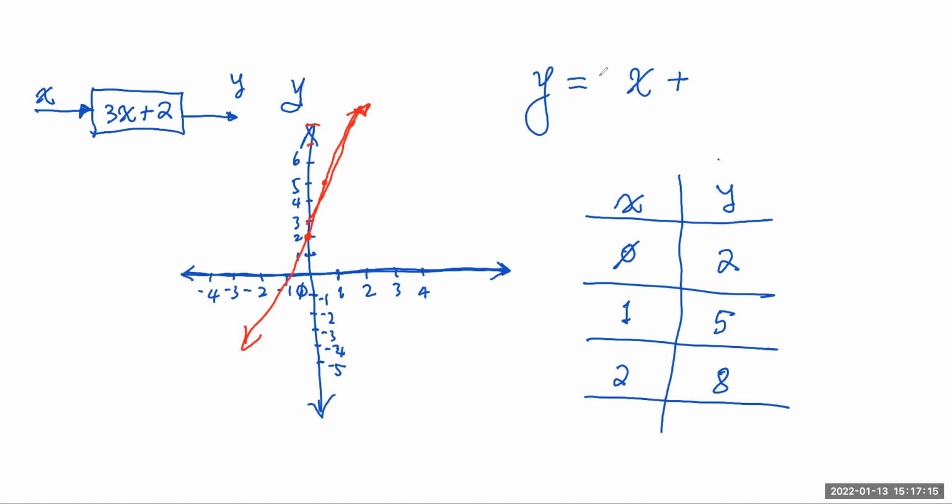So this one will be 3x, and this one will be -2. Now, when x is 0, what's our y? -2. Very good. When x is 1, 1. x is 2.